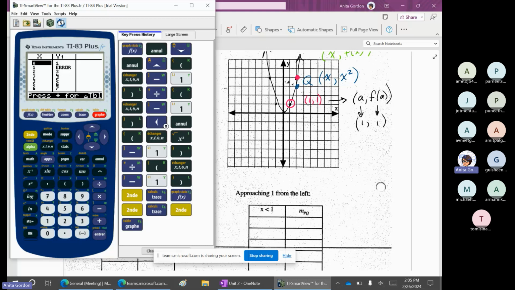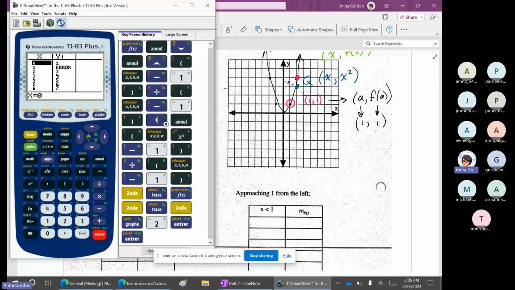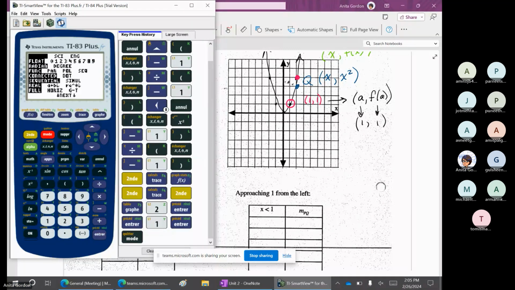Are you here? Yes. Okay, so let's say x is 2, enter. Mine is not entering correctly. Let's check my mode. I'm going to click on mode. Wait, I think you just use the arrows to go up and down. You can use the arrows to go up and down, yep.